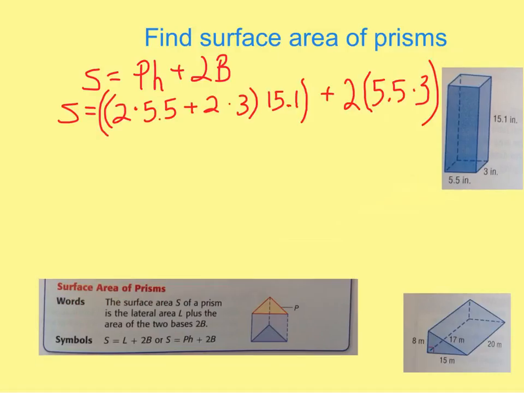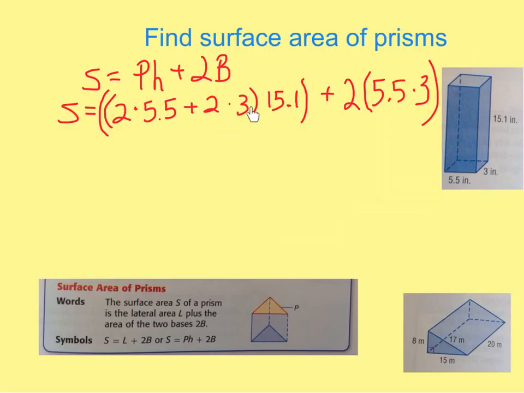Now, if I had found my lateral area first, I could have just plugged that number into this formula right here, but I'm going to go as though I hadn't found the lateral area. So I started here, and this is finding the lateral area. So I took the perimeter right here, 2 times 5.5 plus 2 times 3, okay, because I'm adding together 2 groups of the 5.5 and 2 groups of the 3.